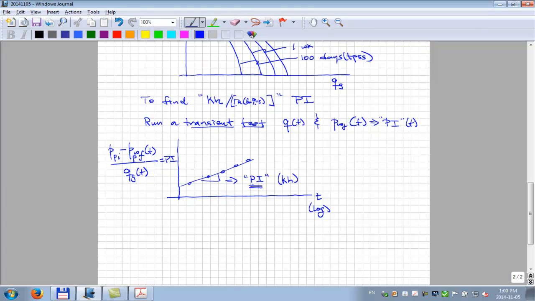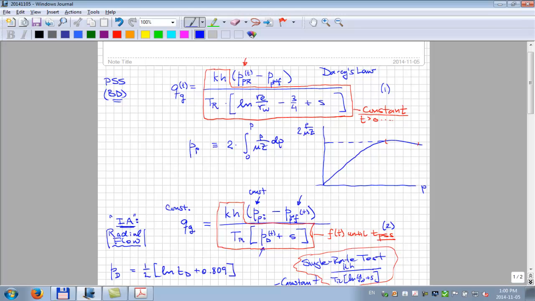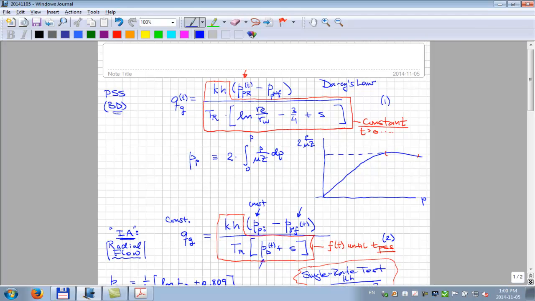Okay. This is from equation 2, and that's because equation 2 has this time-dependent denominator. Equation 1 doesn't. So to use equation 1, this basically can be used when time is greater than time to pseudo-steady state.